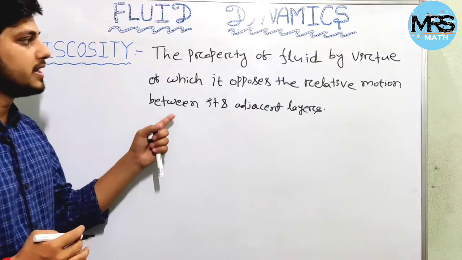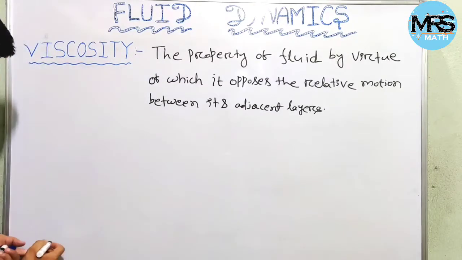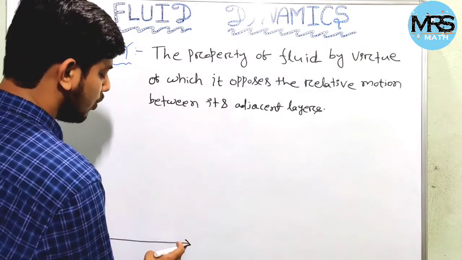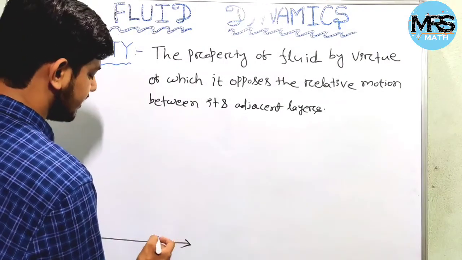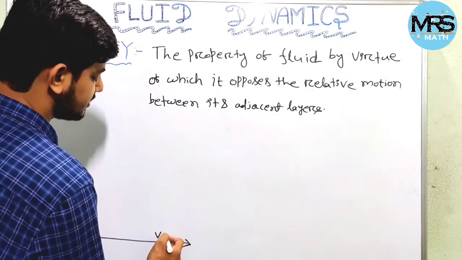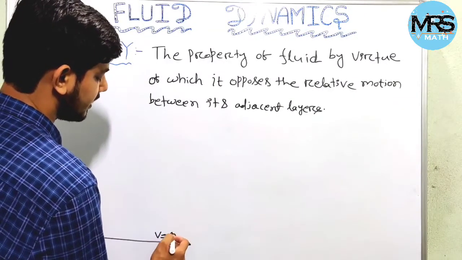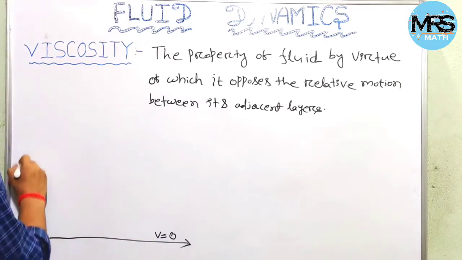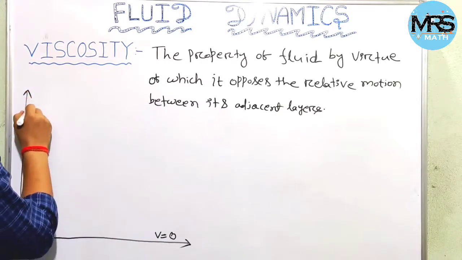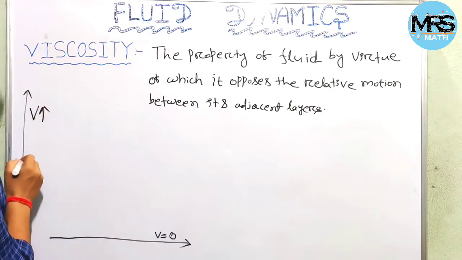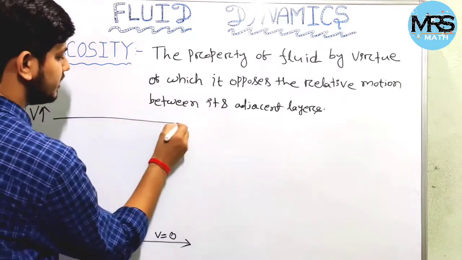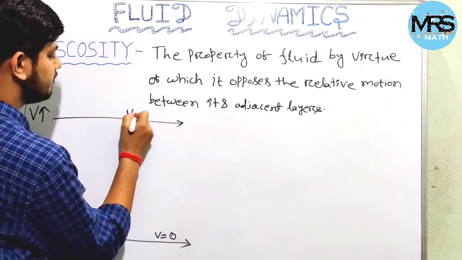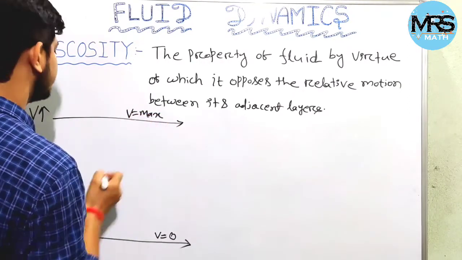So let us try to understand this definition by a diagram. Consider this one as the horizontal fixed surface, and in this case our velocity will be minimum, that is 0. And as we go up and up, the velocity will increase. So if this one is the highest layer, then V will be maximum in this case.